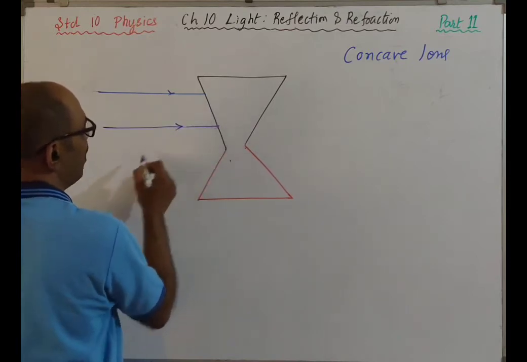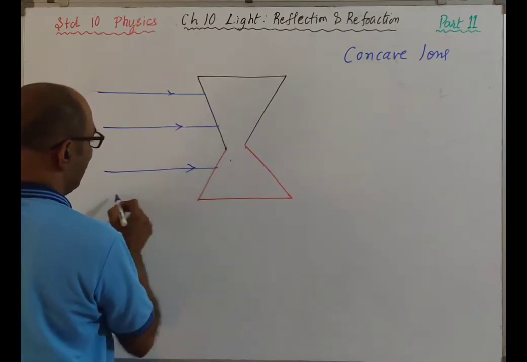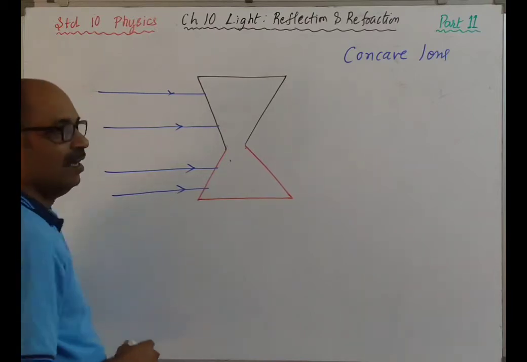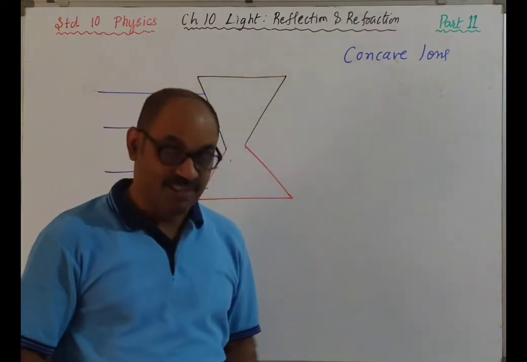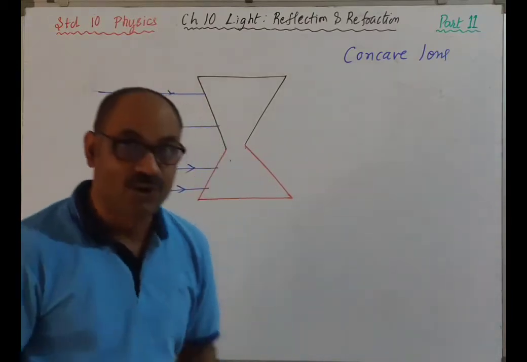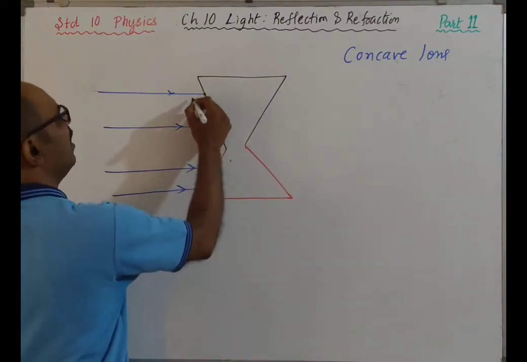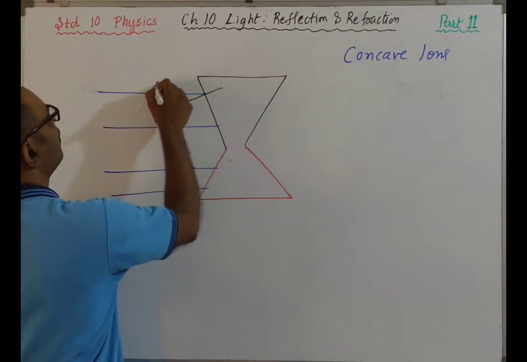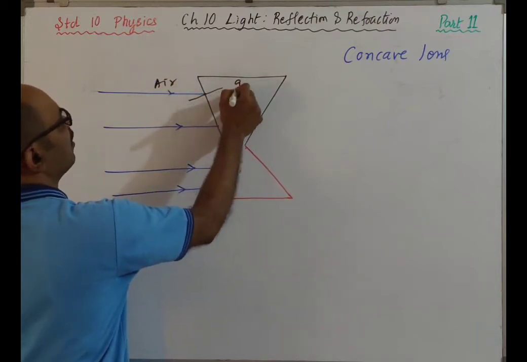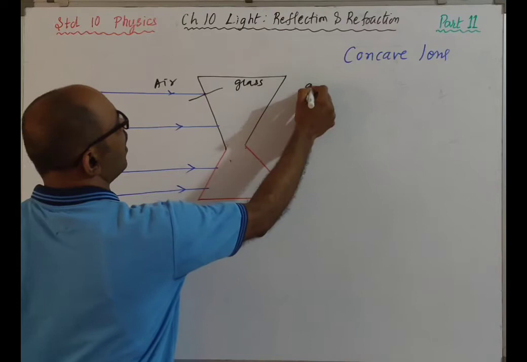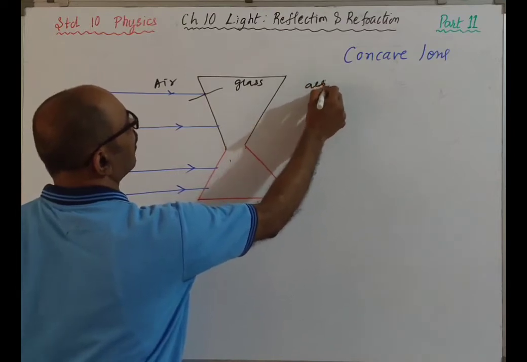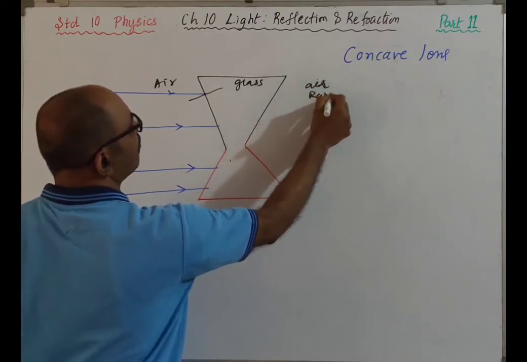Parallel, parallel, parallel, parallel. So I have taken four incident rays which are parallel to each other. This is the point of incidence. Let me draw normal. Now this is air, glass and air, which is rarer medium.